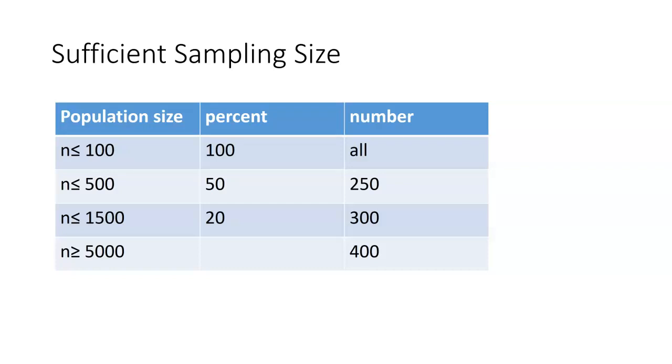And if your population's over about 5,000, well, you can go out and sample about 400 people. And 400 people is less than 10% of 5,000, but if you got 40,000, then it's only 1%. But it's still going to give you a representative sample because the sampling size becomes very important in there. The larger your population, the smaller the sample size you need, relatively.